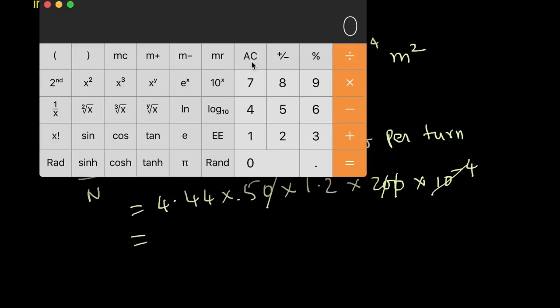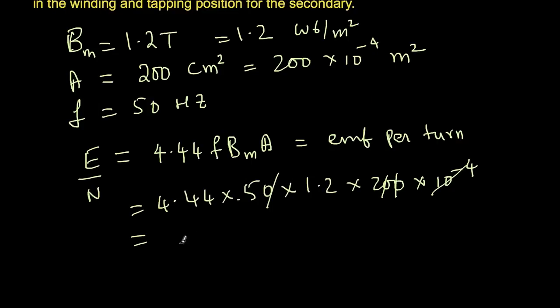Let me just cross check it again. 4.44 multiplied by 0.5 multiplied by 1.2. Yeah, 2.664 volts per turn I get.